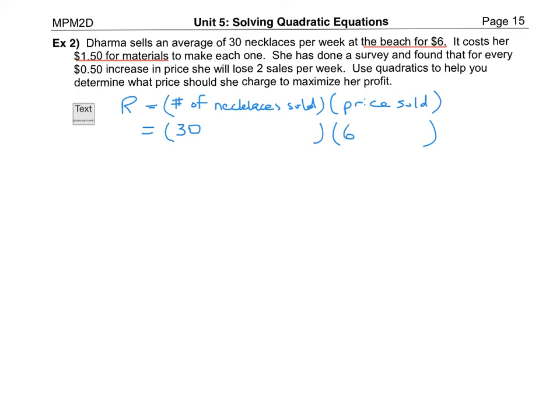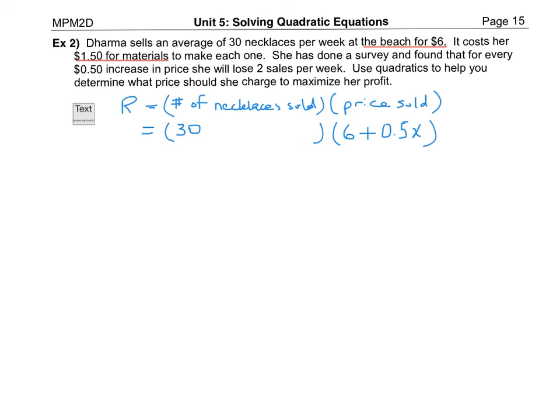So I'm filling in 30 for the number of necklaces sold, and I'm putting in 6 for the price that we're selling them for. I know that if I increase that price, so I'm going to put plus 6 plus, I'm going to increase by groups of 50 cents. I'm going to put my 0.5, but I'm going to times that by x, and x would be the number of 50-cent increases in price.